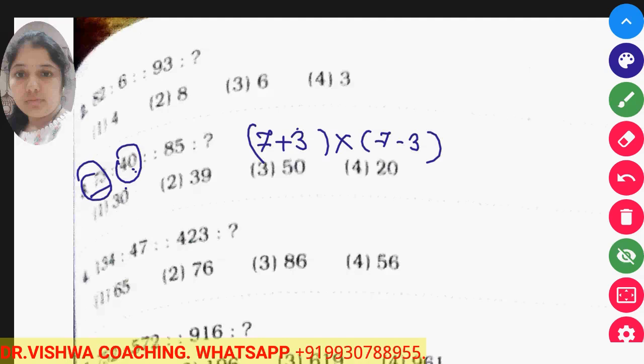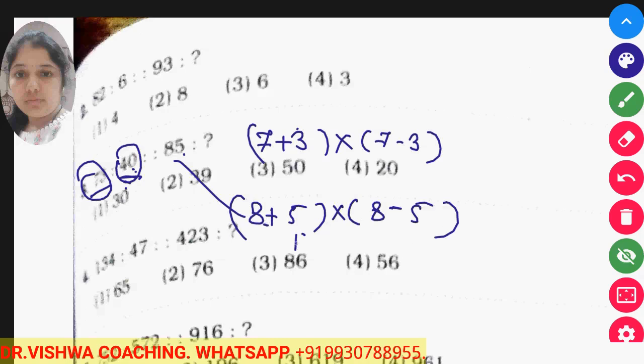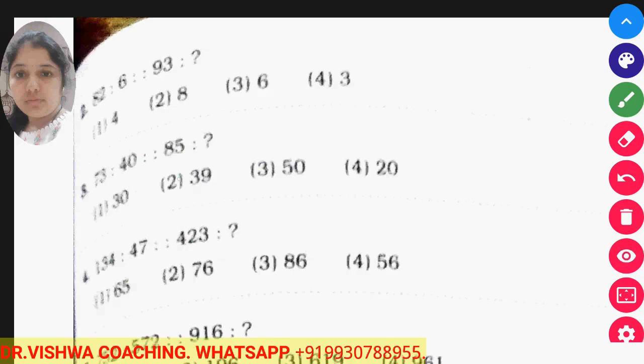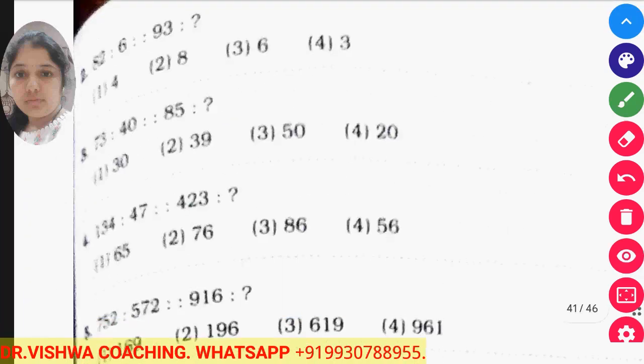So 7 plus 3 becomes 10, and 7 minus 3 becomes 4. 10 into 4 gives you the answer as 40. So here again we have to add the digits and subtract them and then multiply both answers. So 8 plus 5 is 13 into 8 minus 5 is 3. 13 threes are 39. So the answer must be 39.